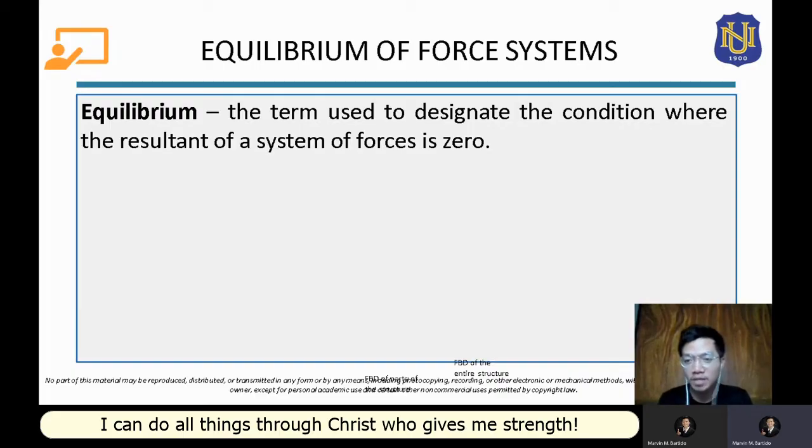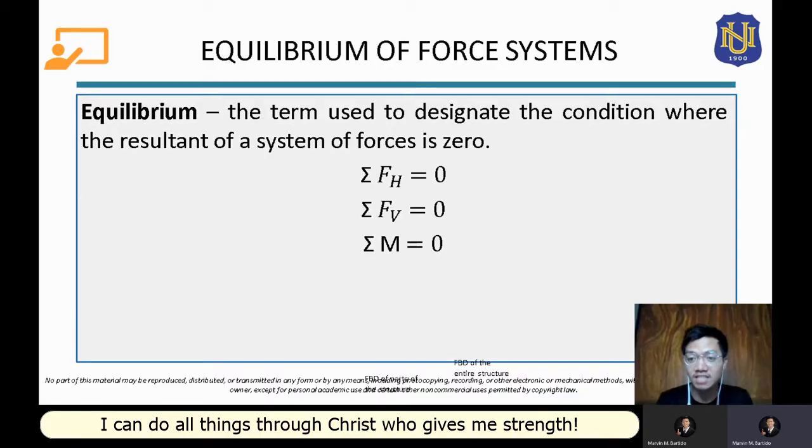So in this topic, the resultant of all the force systems that we are going to talk about will be zero, since all the systems here are in equilibrium. If the resultant is zero, therefore the horizontal component of that resultant will also be zero. That's why we use this equation wherein the summation of all the horizontal forces in the system is equal to zero.